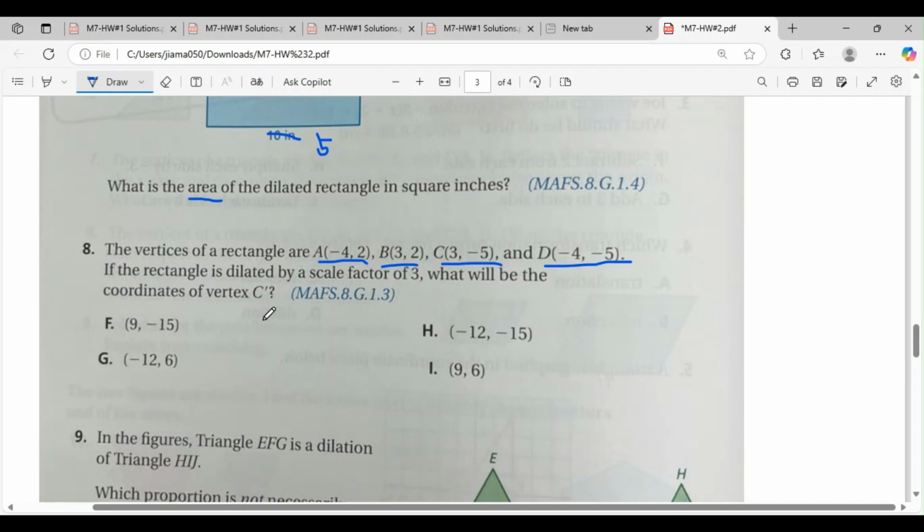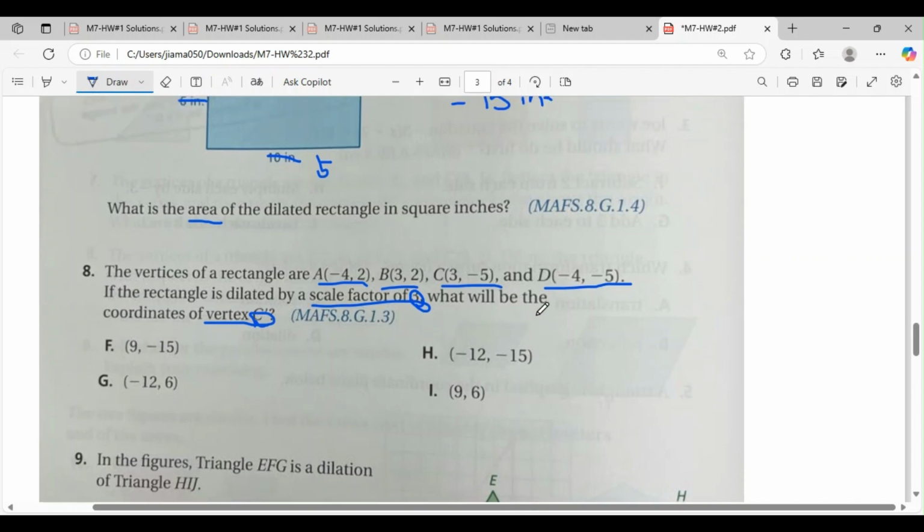We know the scale factor is 3, so we should find the coordinates of vertex C. We can directly multiply point C by 3.